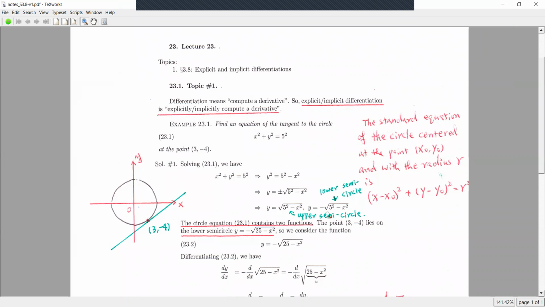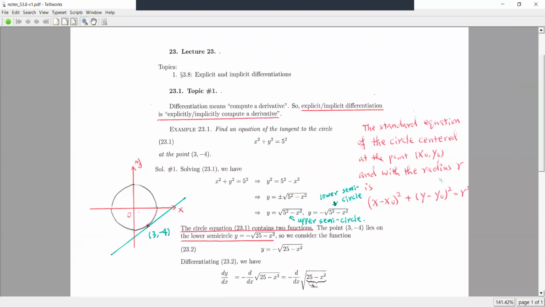So we cannot use the product formula to compute the derivative of this function. This function is not a quotient either, not a function over another function. So we cannot use the quotient formula. To compute the derivative of this function, we can only use the chain rule.